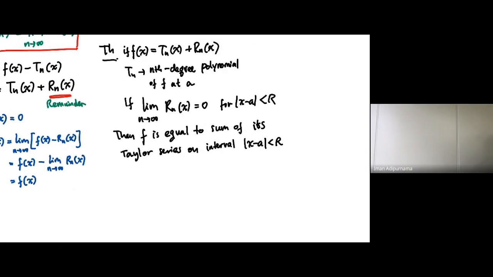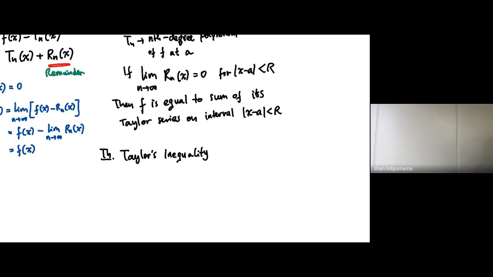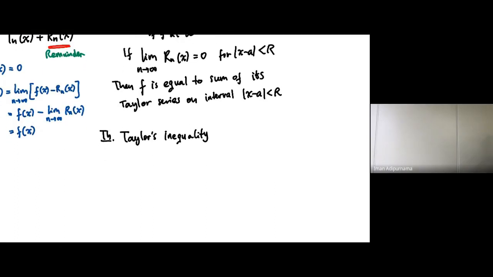And another point of view from this theorem, we can also use Taylor's inequality. So Taylor's inequality uses some assumptions and some value to be compared with the function itself.